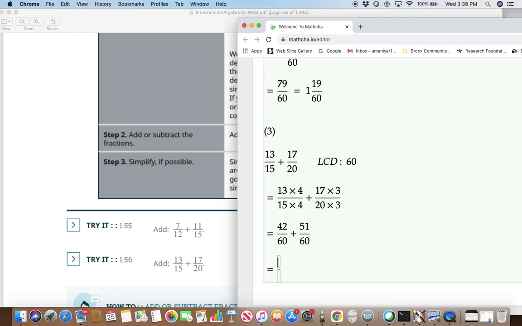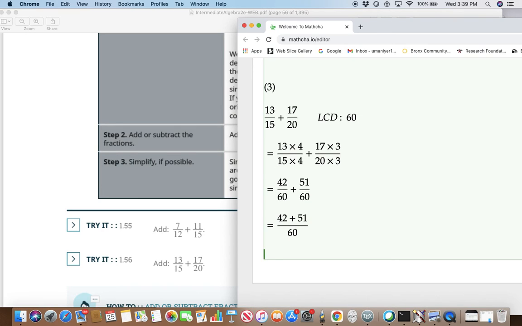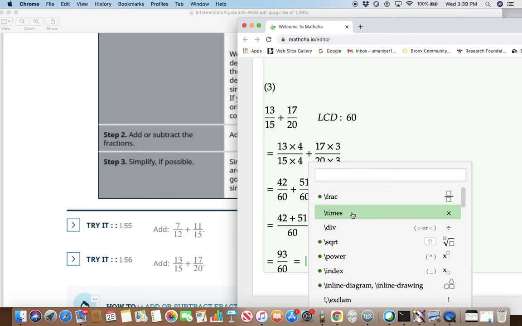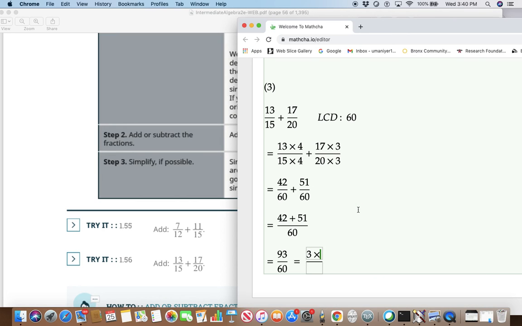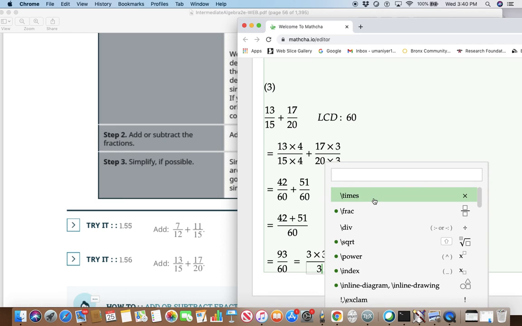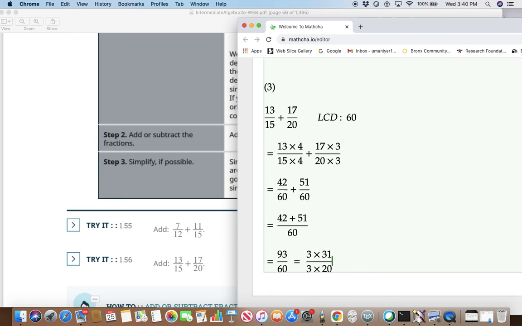So we can add 52 plus 51 straight away, and that gives us the fraction 103 over 60. Notice 93 has 3 as a common factor, 31 here, and 60 has 3 as a factor, 20.